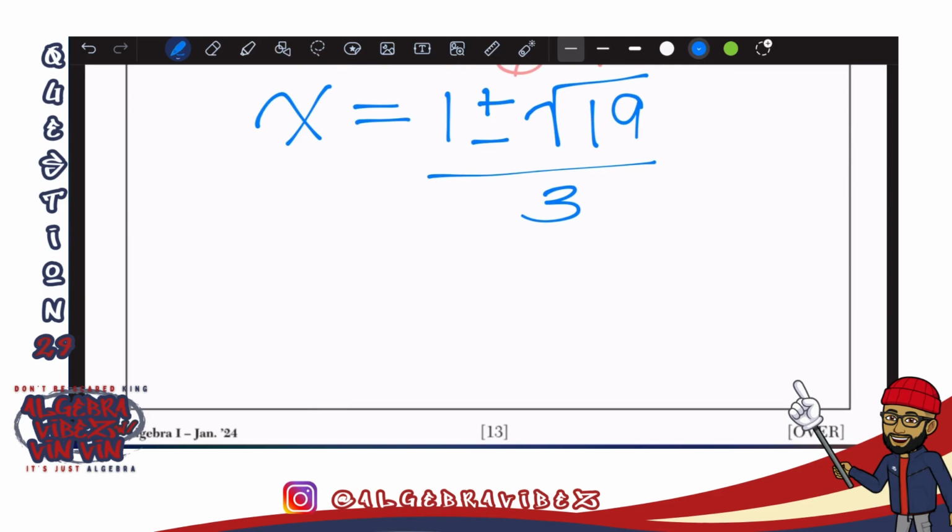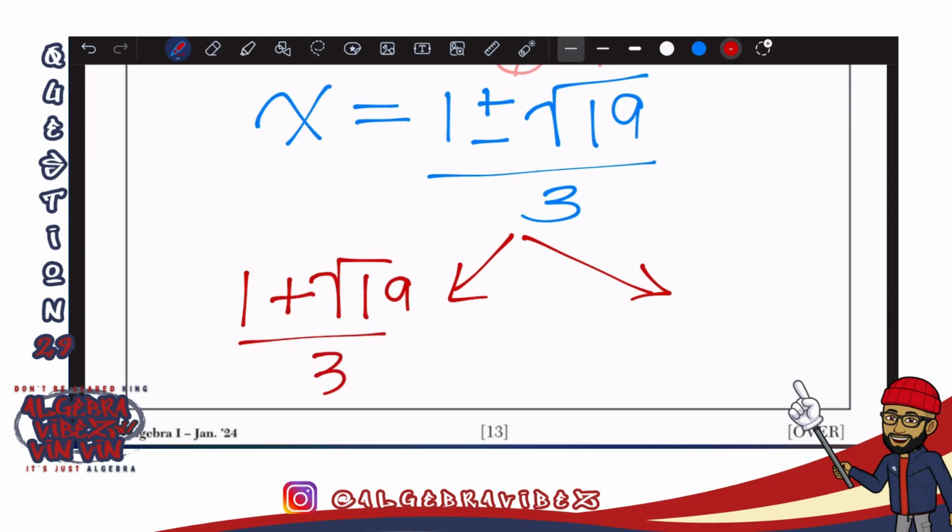This is where we're going to begin to get our roots, all right? Our roots are the answers that we're looking for in this particular instance. So we have a root here and we have a root here. Our root is going to be 1 plus radical 19 divided by 3. And our other root is going to be 1 minus radical 19 divided by 3.